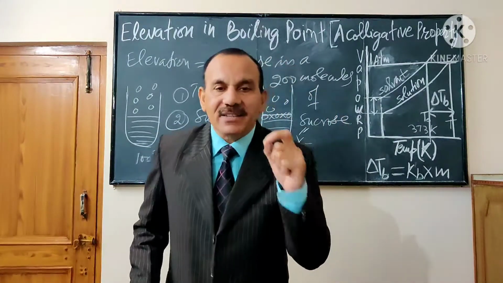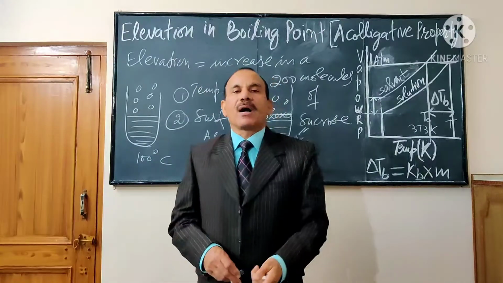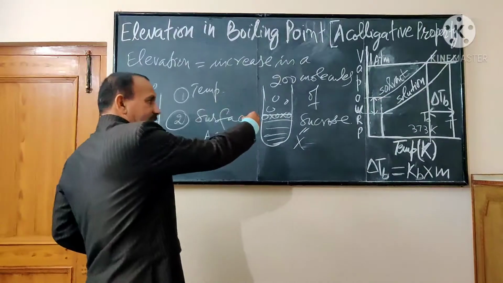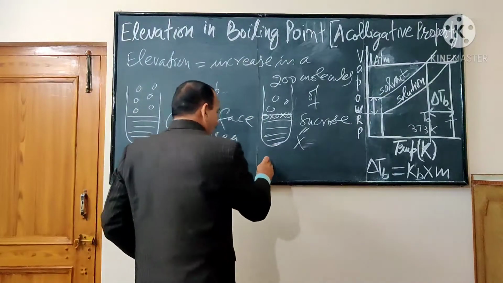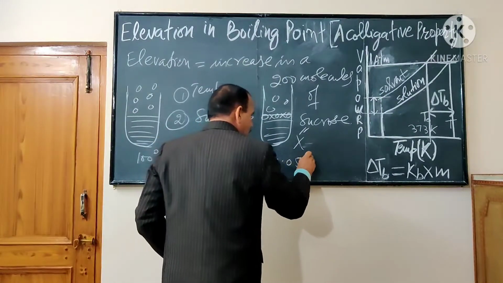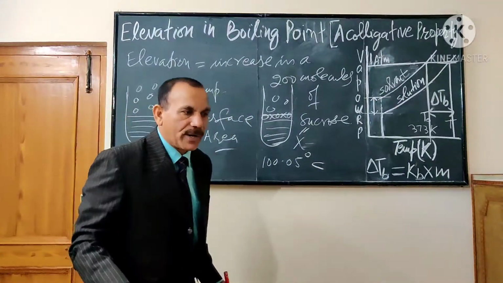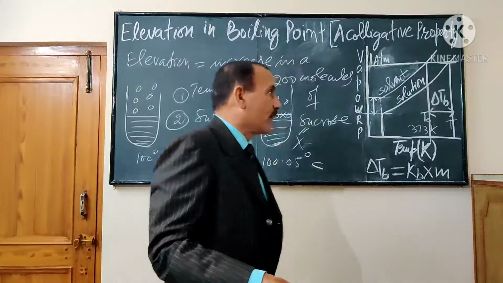Suppose here the solution boils at 100.05 degrees C. So 0.05 degrees C is the increase in boiling point or elevation in boiling point.